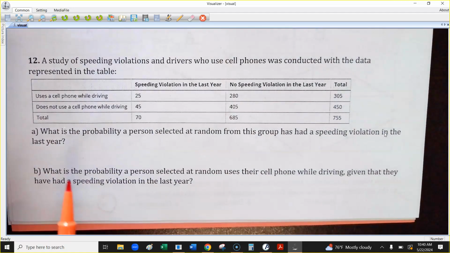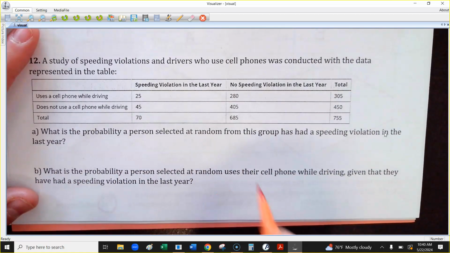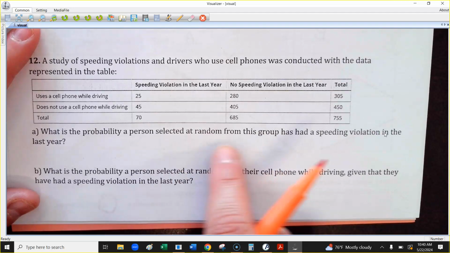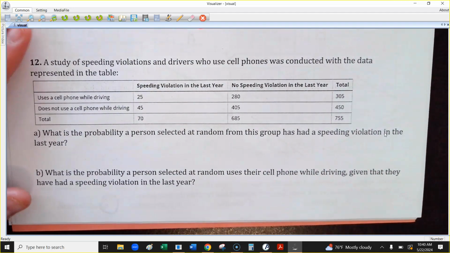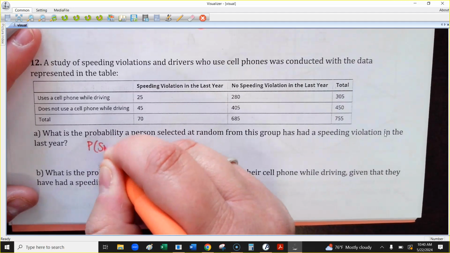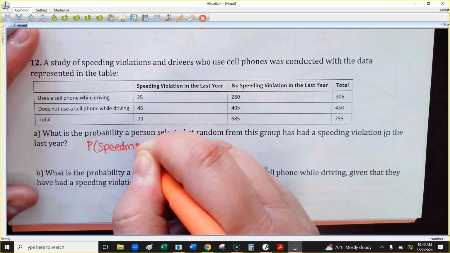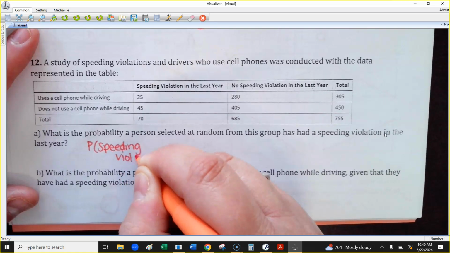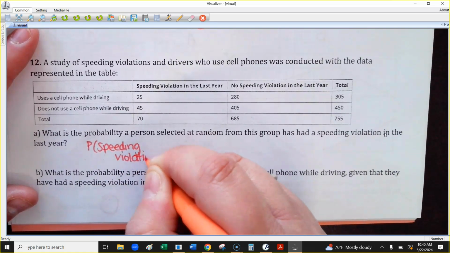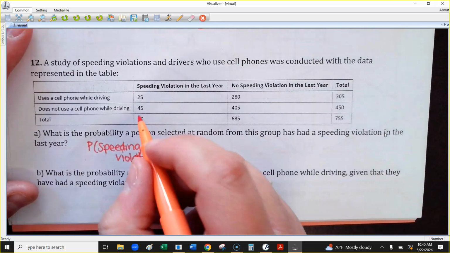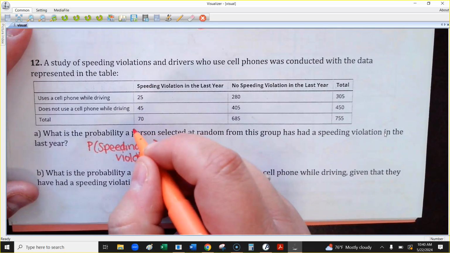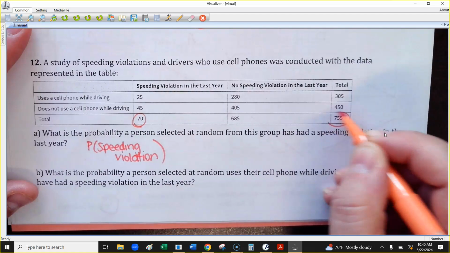Okay, what's the probability a person selected at random from this group had a speeding violation in the last year? So what's the probability you have a speeding violation? Can't spell apparently. Perfect. Speeding violation, I would take the total here out of the total number of people in this table.